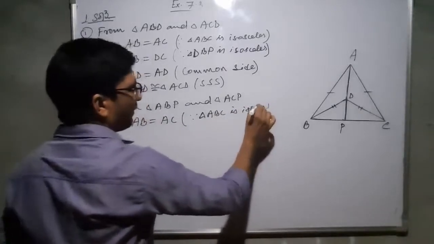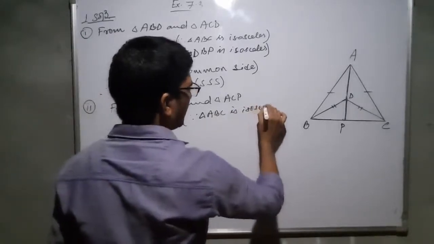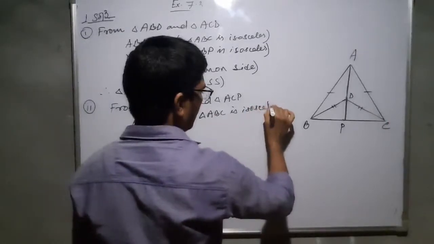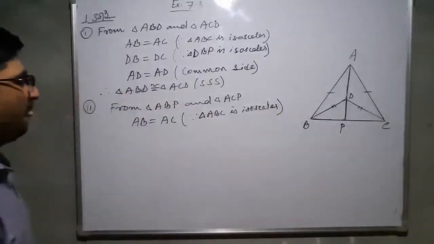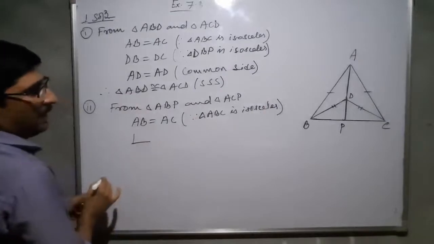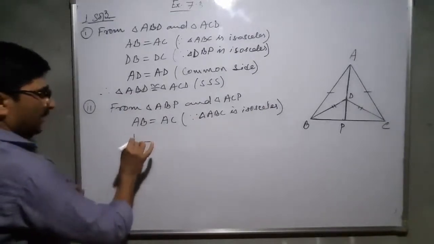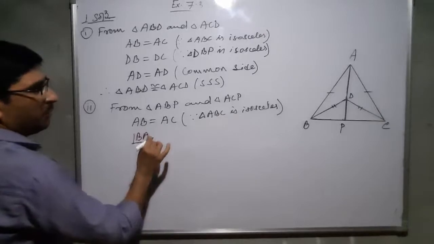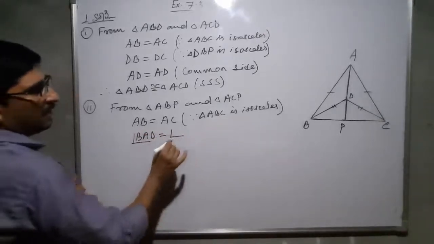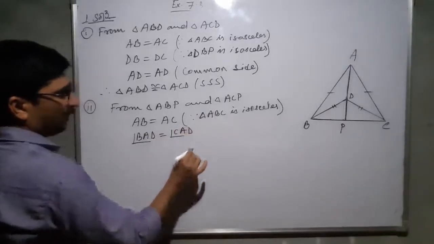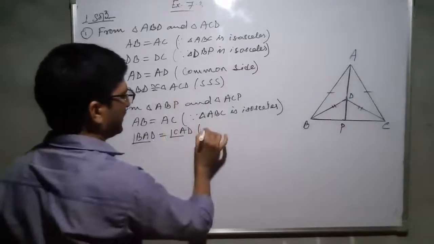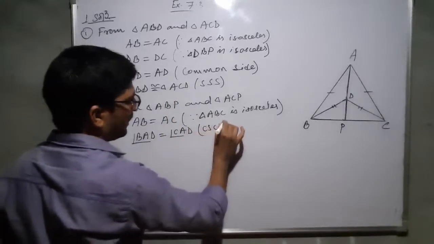Okay. I prefer to write, instead of given, triangle ABC is isosceles. Okay, that's better. Now another one, you check angle. Now I can write angle BAD is equal to angle CAD, from one, since CSCT.